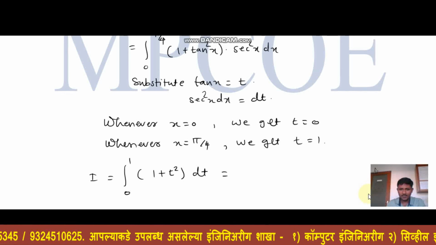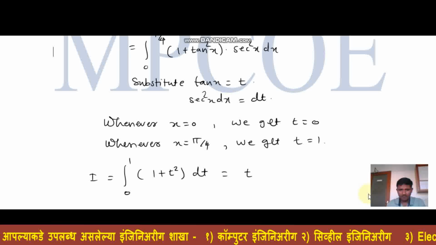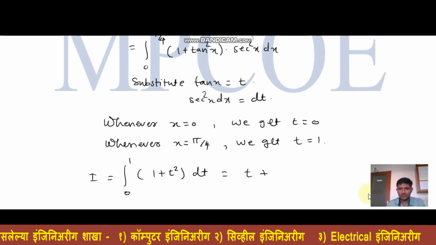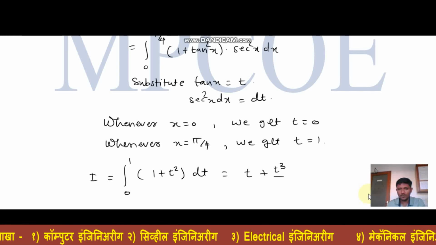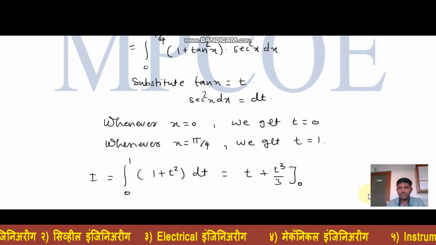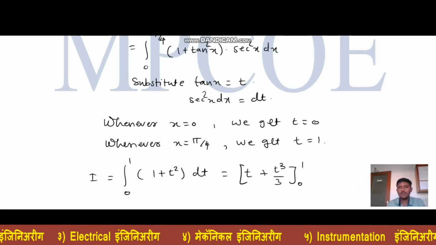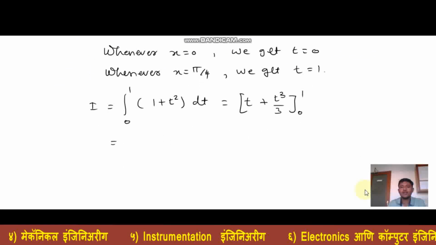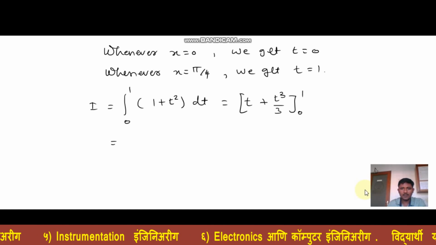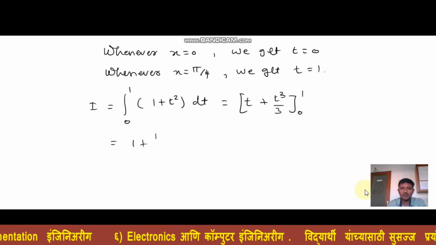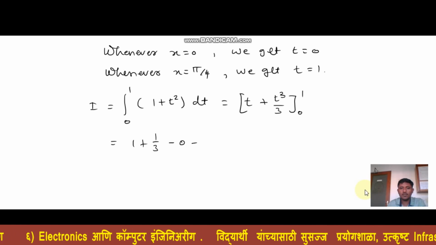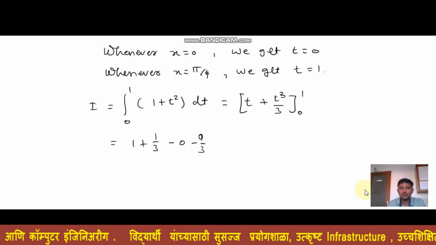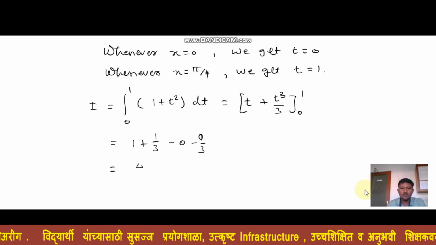The integral of 1 is t plus the integral of t square, which is t cubed by 3, with limits from 0 to 1. We use the upper limit and the lower limit, that is the fundamental theorem of integral calculus. So it will be 1 plus 1 by 3 minus 0 minus 0 by 3. So this will be only 4 by 3.